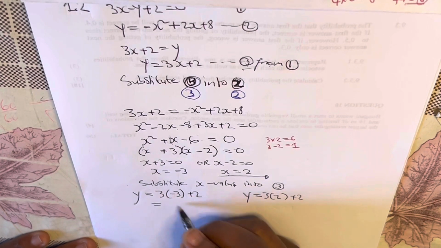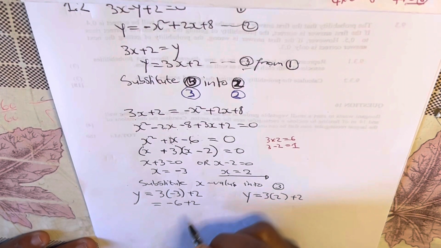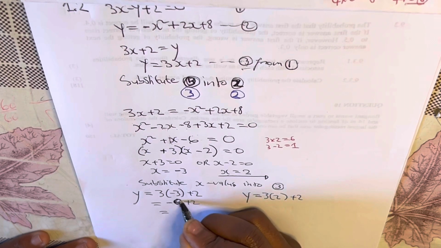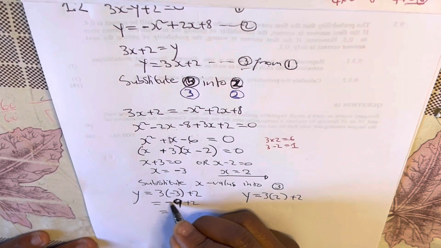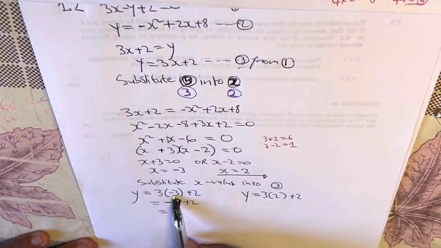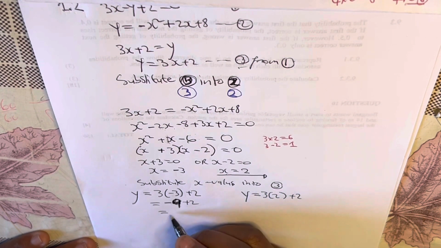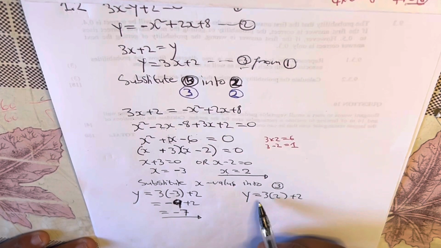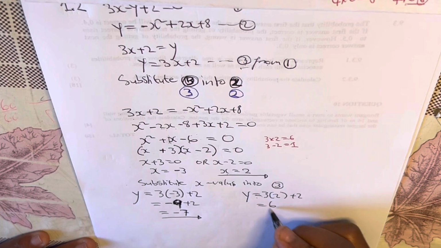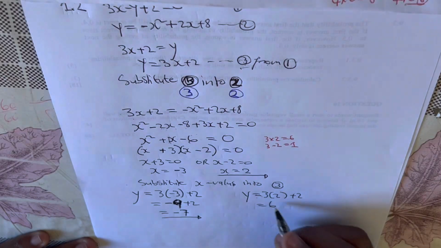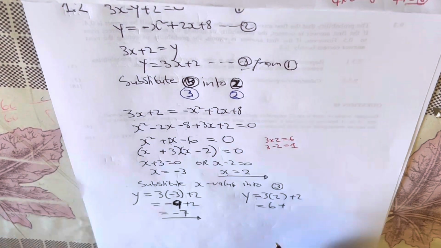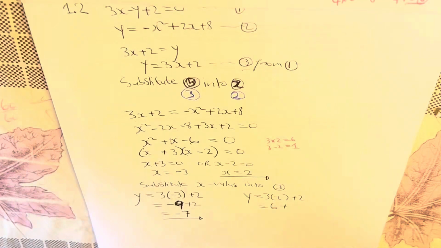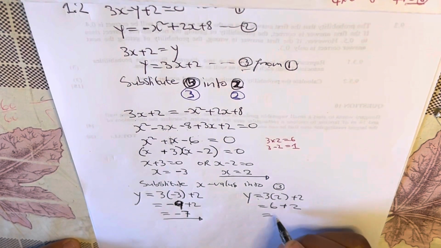So y will be negative 9, sorry, negative 9. 3 times negative 3 is negative 9 plus 2 is negative 7. And then this one here, 3 times 2 is going to be 6. 6 plus 2 gives us how much?